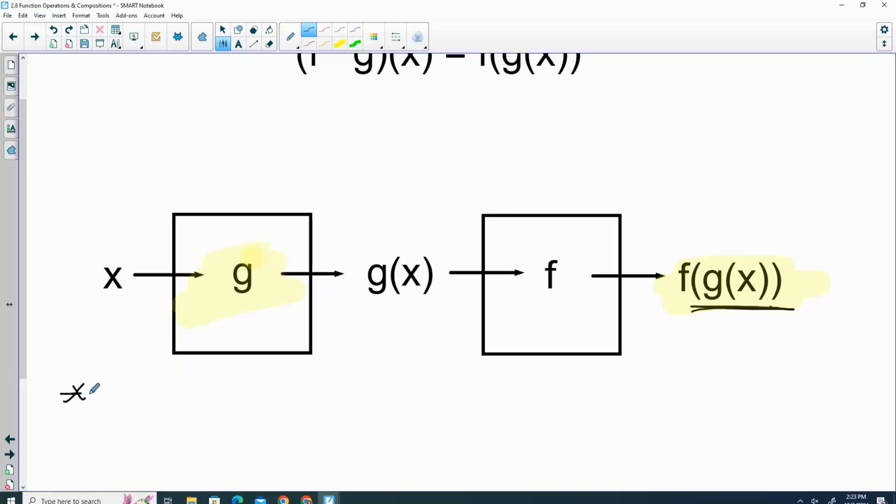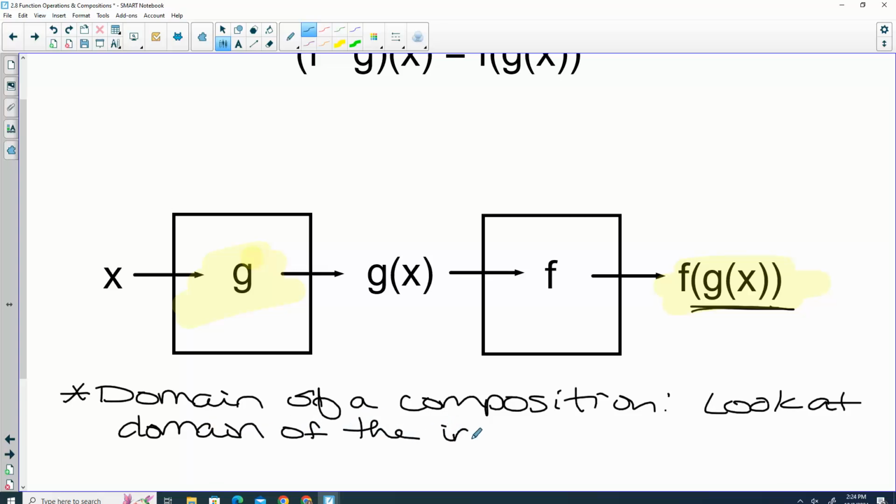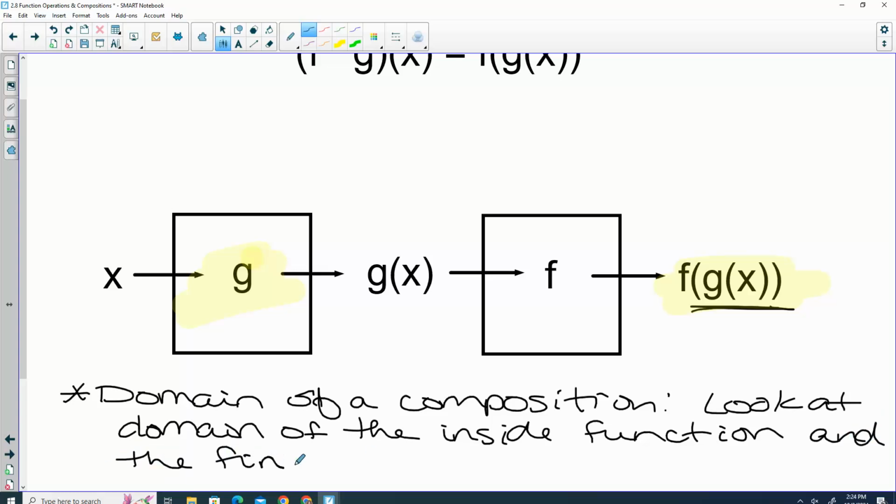So for the domain of the composition, look at the domain of the inside function and the final answer. Those are the two things we have to combine.